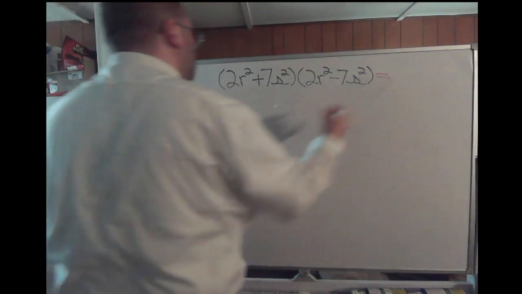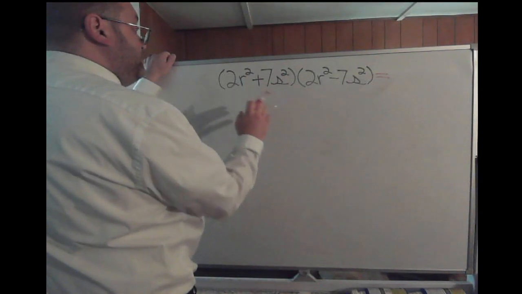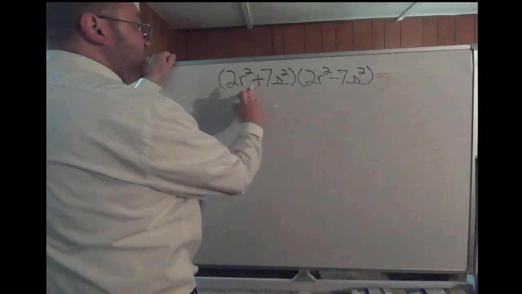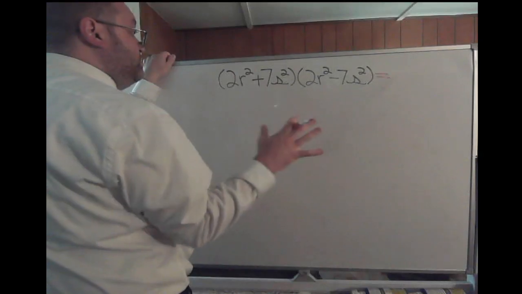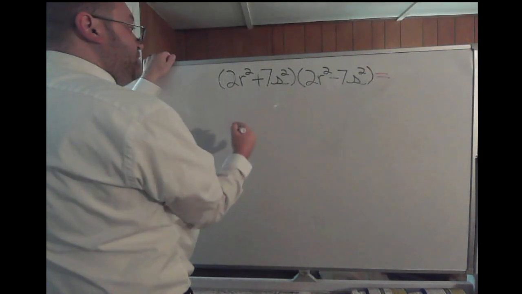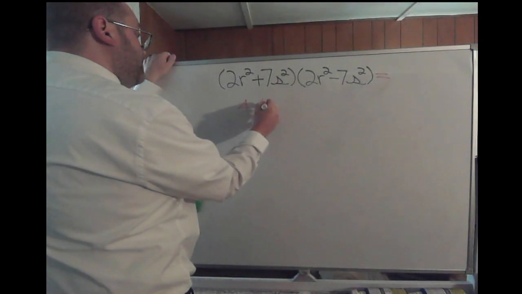Well, we have, again, these can be perfect square binomials. We have the same powers and variables and then 1 plus or 1 minus for the second term on each, so we can use the shortcut. So 2r squared times 2r squared, that'd be 4r to the fourth.